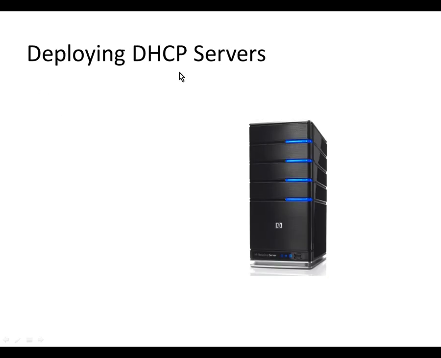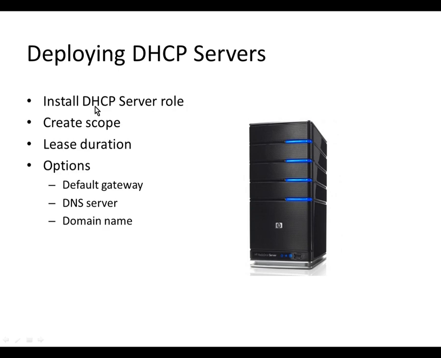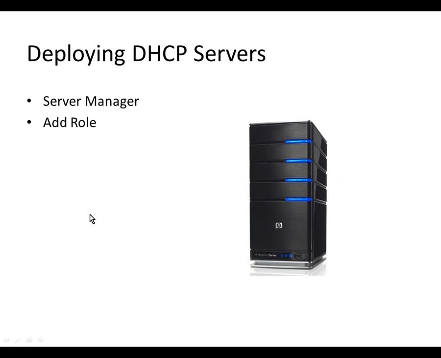So let's look at deploying a DHCP server. First, we install the DHCP server role, then we create a scope, we specify the lease duration, and then we add the options. To deploy the DHCP server, we go to Server Manager and select Add Role.